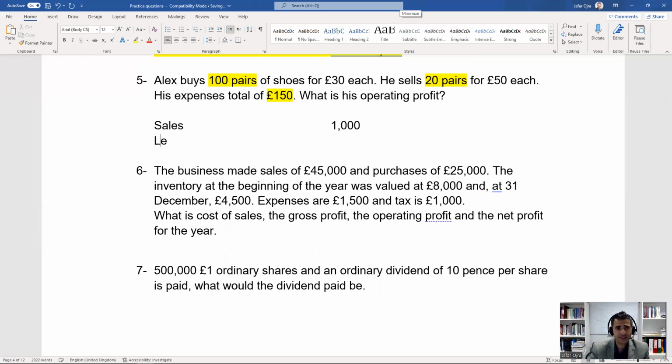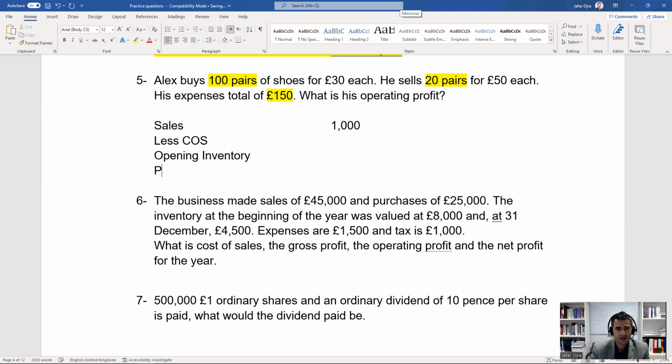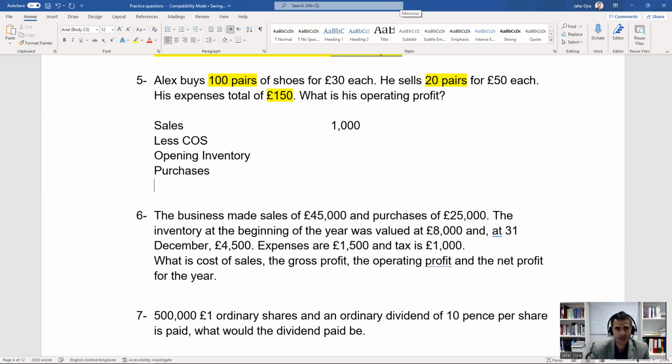So, less cost of sales. If you remember the equation: opening inventory plus purchases minus closing inventory. Let's do it, guys.